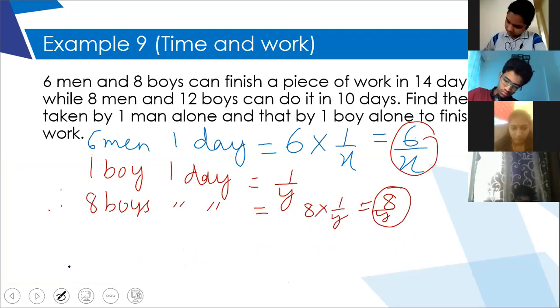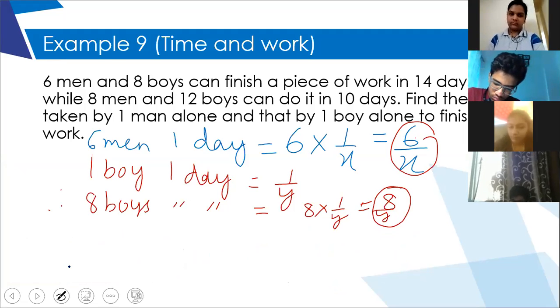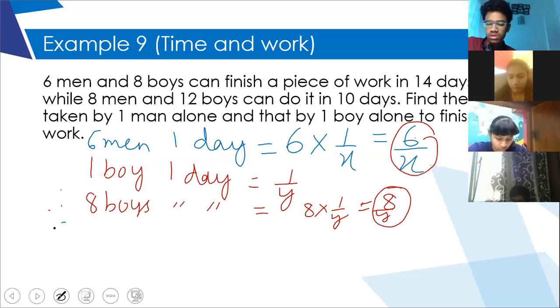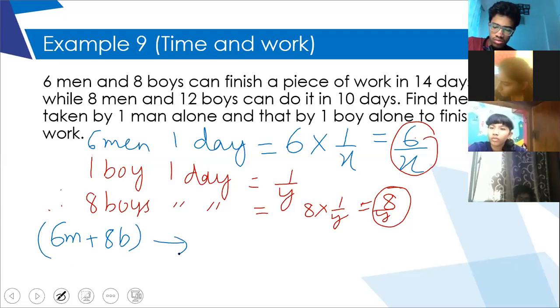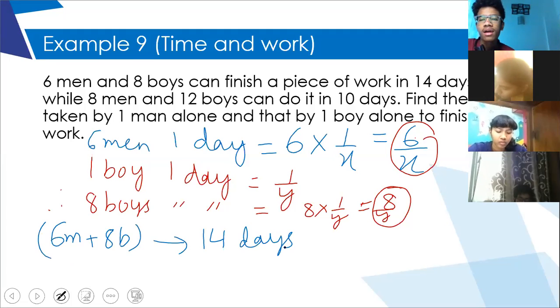Now, total work together as a team, they are taking 14 days. So in one day, how much work will be finished? 1/14. 6 men plus 8 boys are taking 14 days to finish the work. So in one day, how much work they will do together? 1/14.